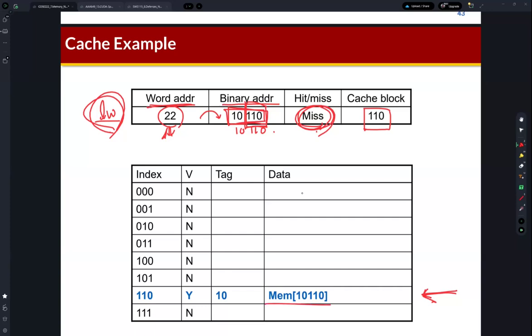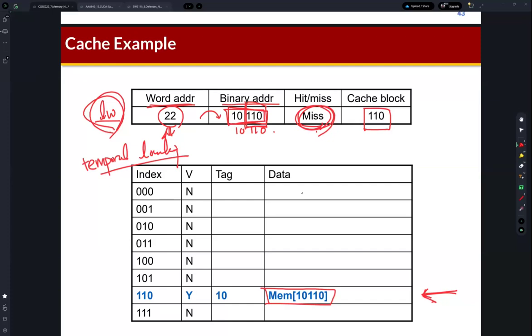Why is this data stored in the cache? Because we assume that the data exhibits temporal locality.